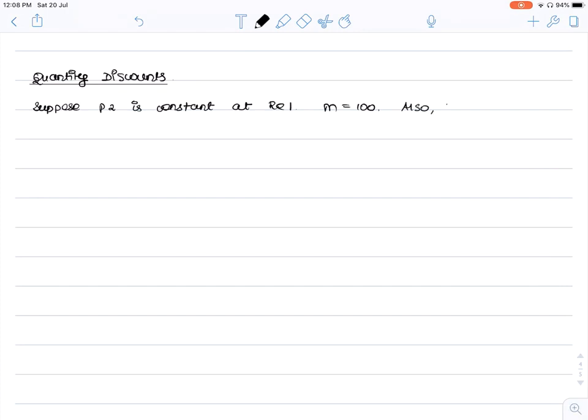Also, till 20 units of x1, the price of good 1 is 2.